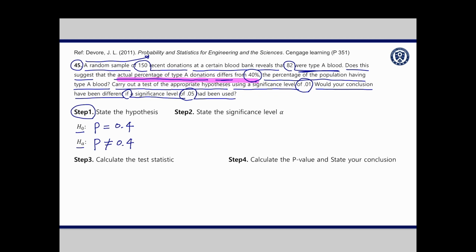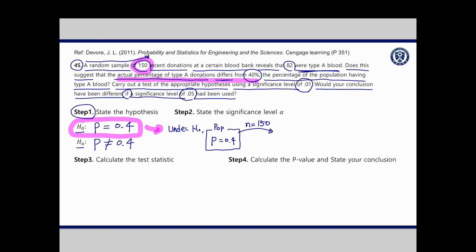Assuming the null hypothesis, that is under H0, the population proportion equals 0.4, and the sample size n equals 150.